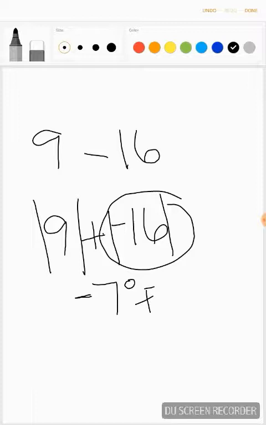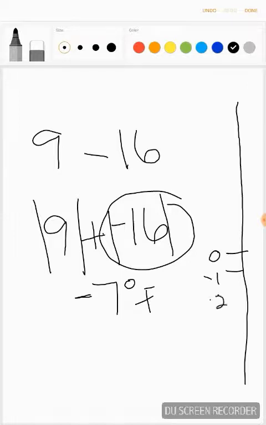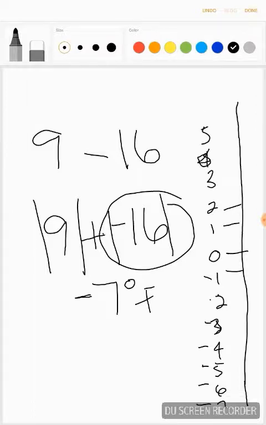You could also draw a thermometer. So you have 0, negative 1, negative 2, negative 3. Alright, sometimes it helps to draw it out.